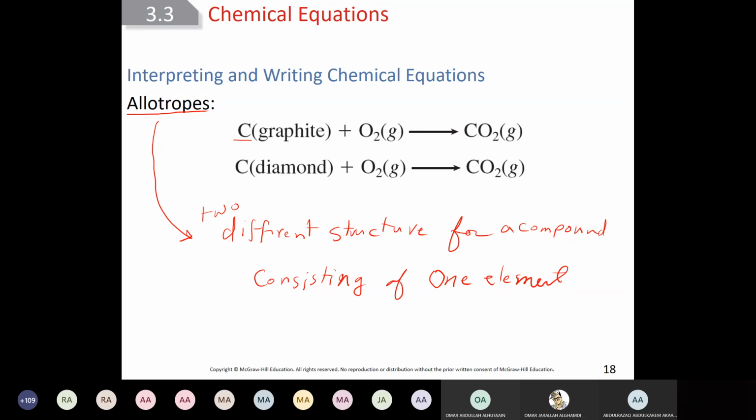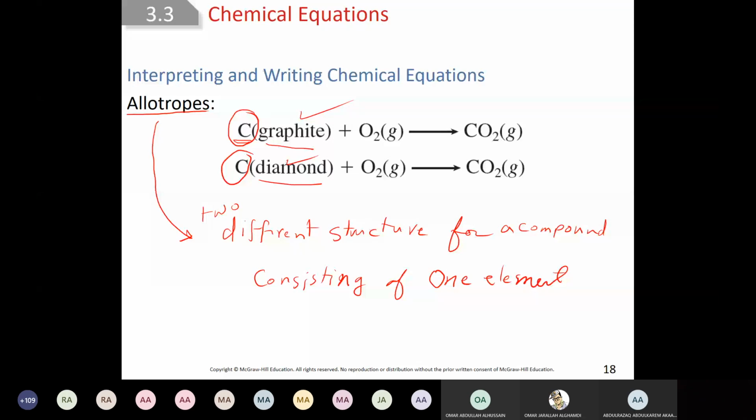Like here, what is this compound consisting of? Graphite consists of one atom, which is carbon. What's diamond? It consists of one atom, which is carbon. But they are two different compounds. This is the pencil that we use, and this is the jewelry.